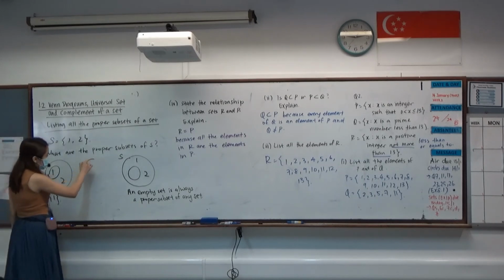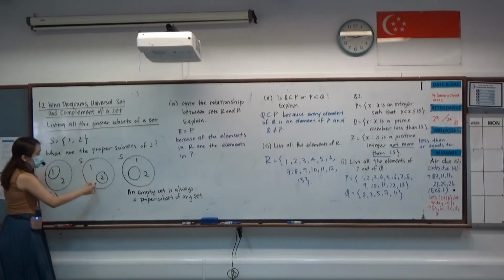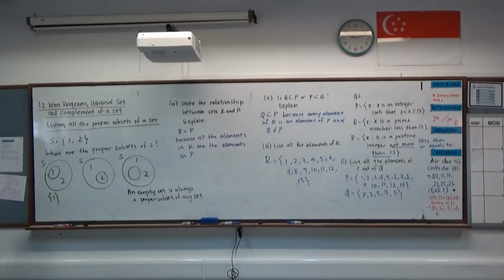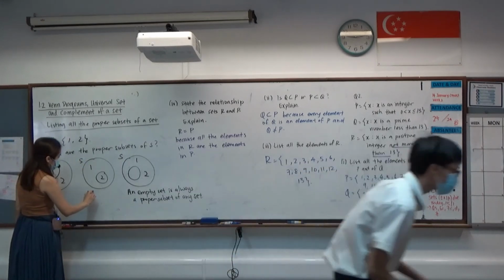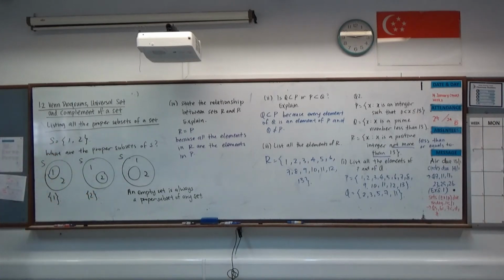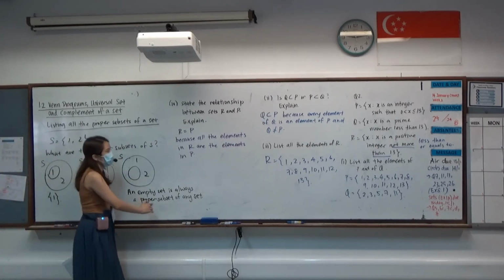And then we can also circle the 2, where we have the set containing 2. So the proper subsets of S in this case will be the set containing 1, the set containing 2, as well as the empty set.